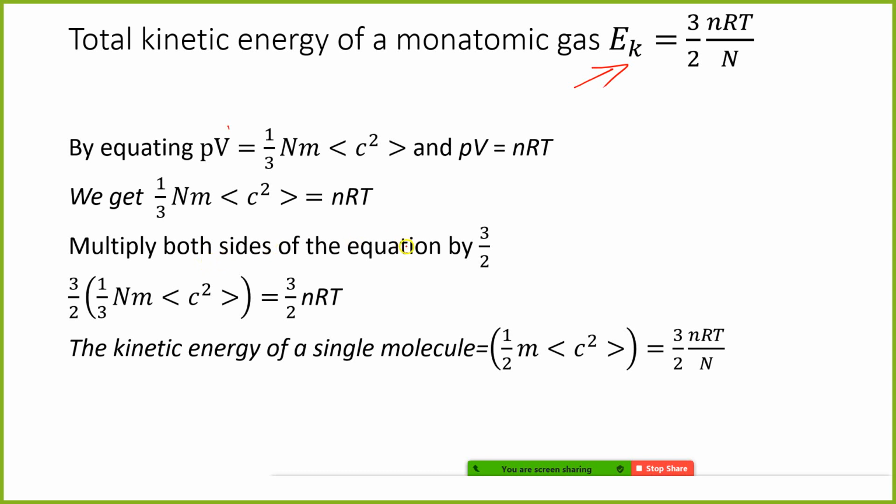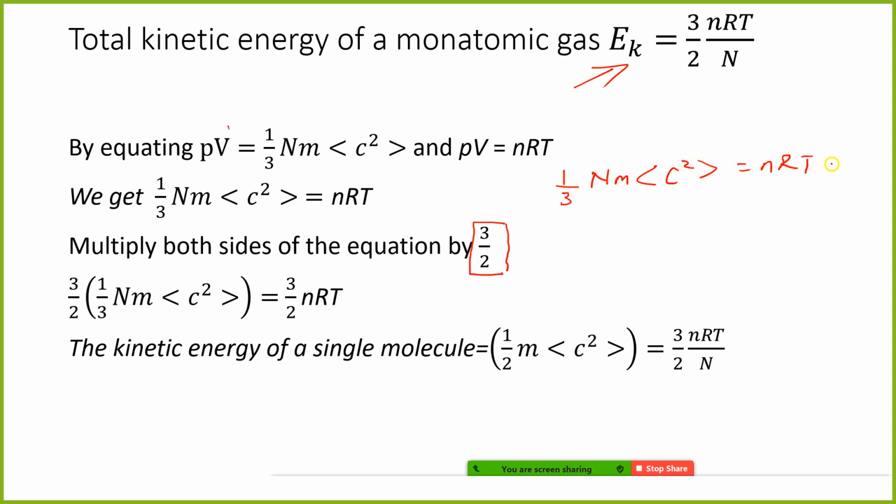So we're going to multiply both sides by 3 over 2. We have 1/3 times N times m times the mean square speed being equal to nRT.